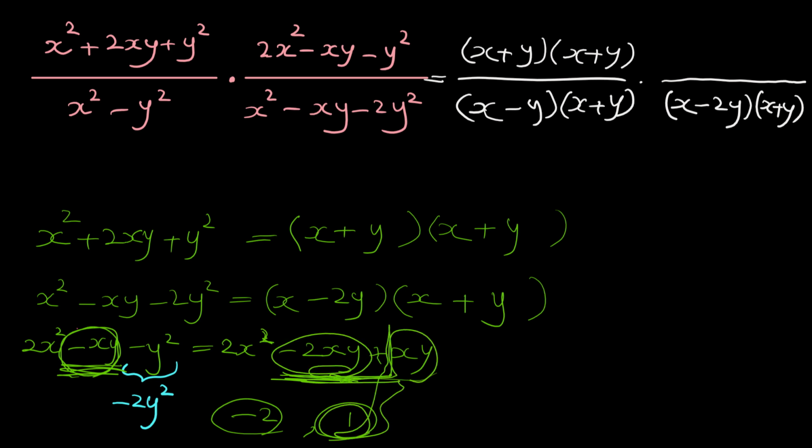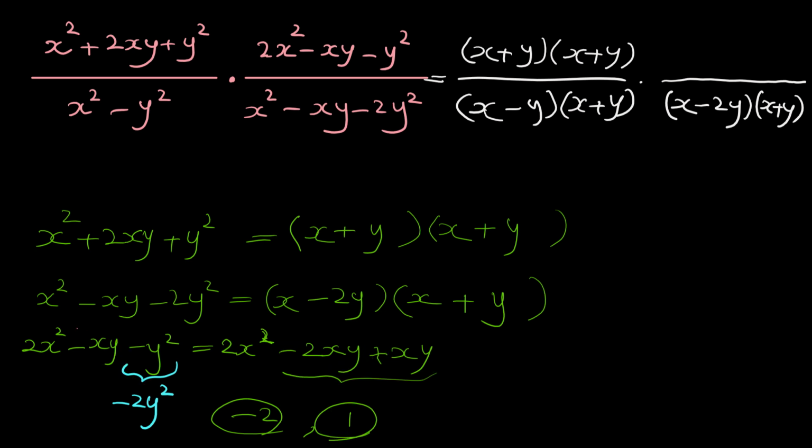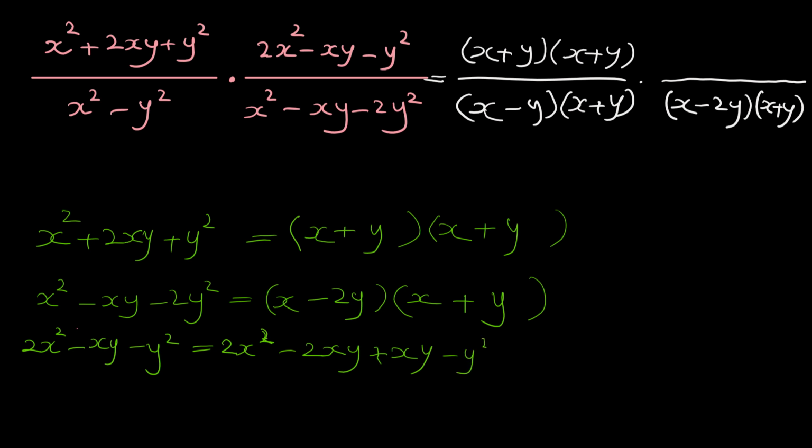Negative 2xy plus 1xy is again negative xy. Again, please pay attention, if you want to learn more about factoring, watch my video. I have a full video for this topic and you can learn all the techniques of factoring in that video.